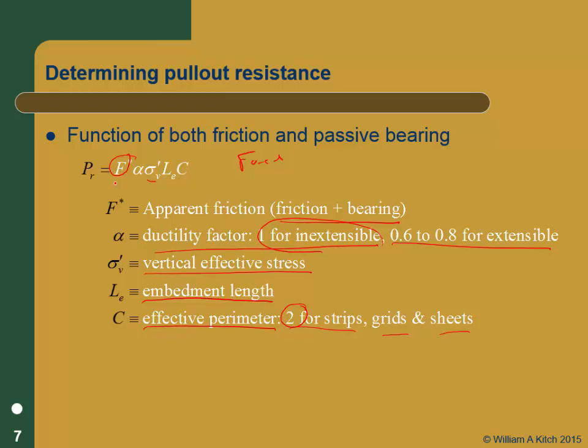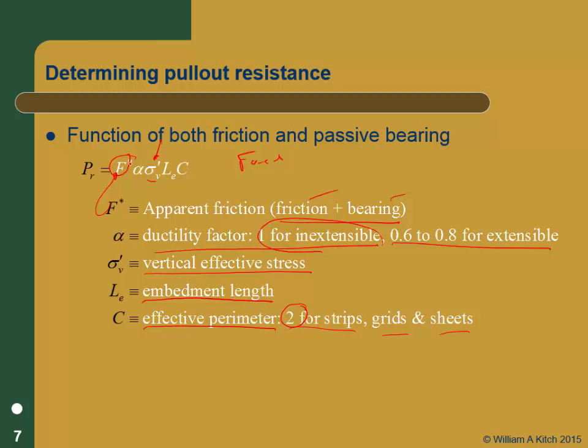So this is our basic formula. In spite of the fact that we said the pullout resistance was a function of both friction and bearing, what we're going to do is convert both the friction and bearing into a single apparent friction term, multiplied by, so that if you want to think about it, F star is the equivalent of tangent phi interface, or the coefficient of friction if you want to think about that.